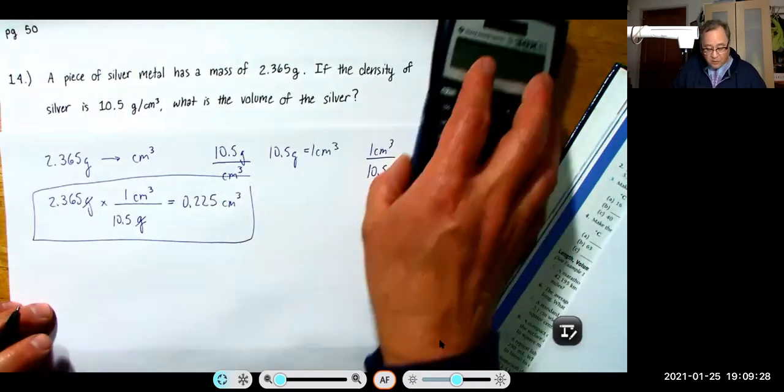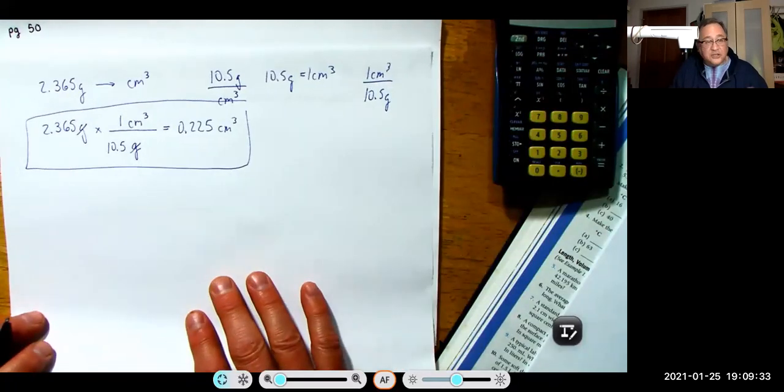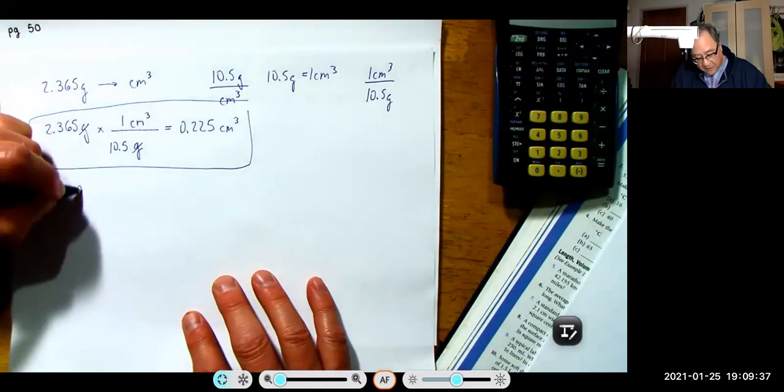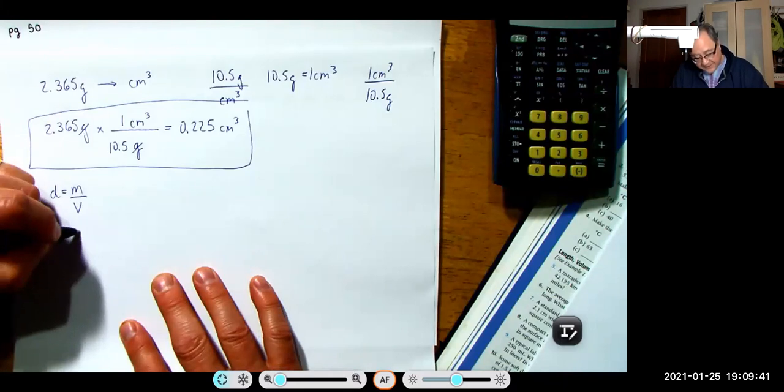And I'm going to show you one more way to solve this problem, and then we'll call it quits. You can actually use the formula for density. Density is mass divided by volume, which means volume is mass divided by density.